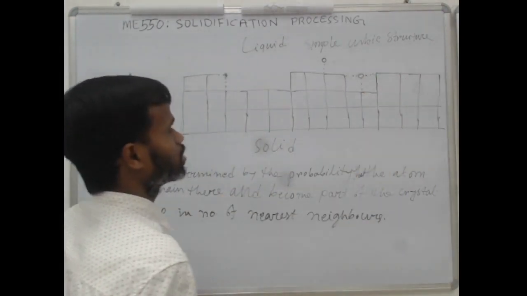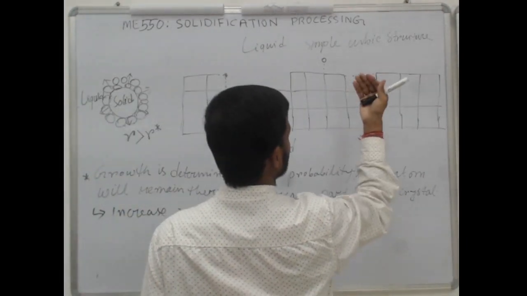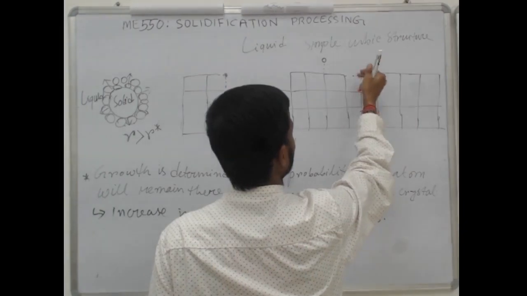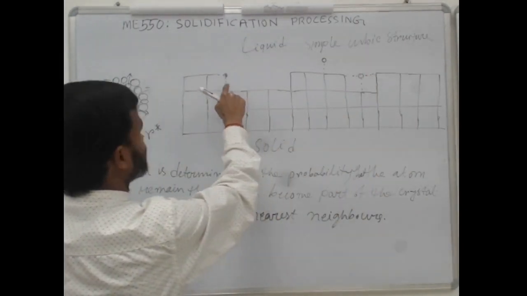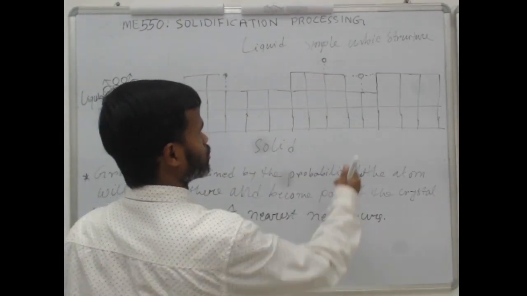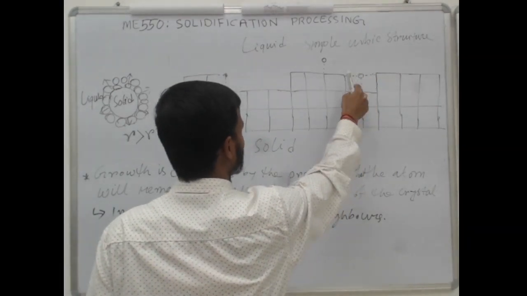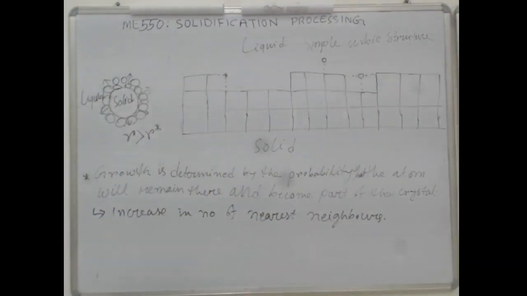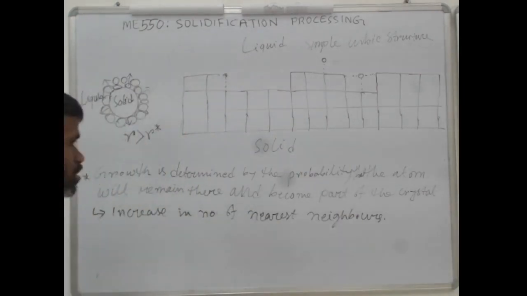In 3D it will be even more. You will have 1 on the front side and 1 on the back, so you have 5 here. So the coordination number here is 5, whereas the coordination number here is only 1. If the coordination number is more, it has a higher probability to stay there. So this increases the probability, and the growth rate for rough surfaces will be faster.